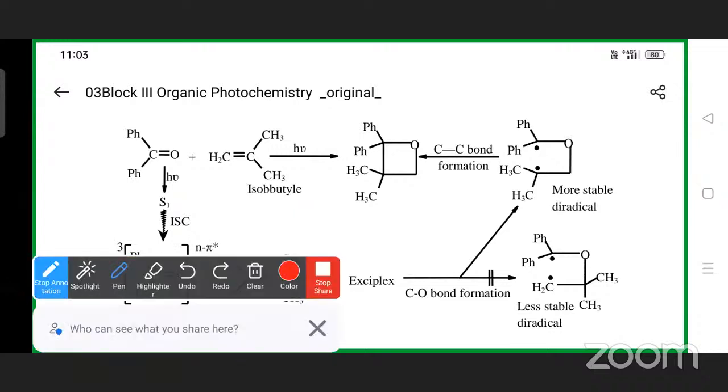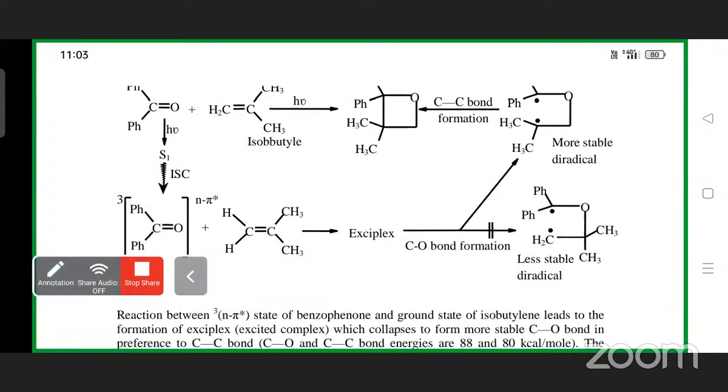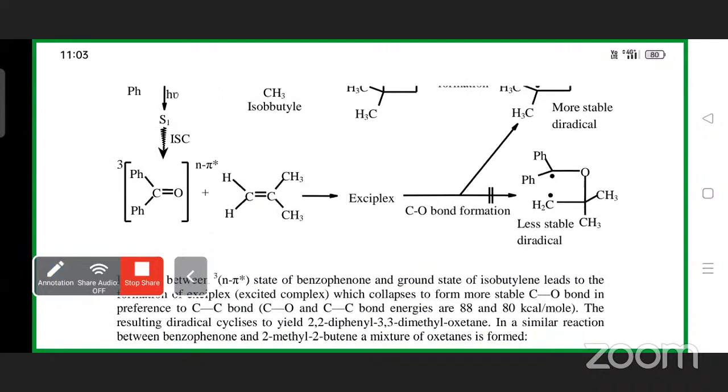And after bond cleavage, okay, the combination of the radicals takes place here, in two ways.